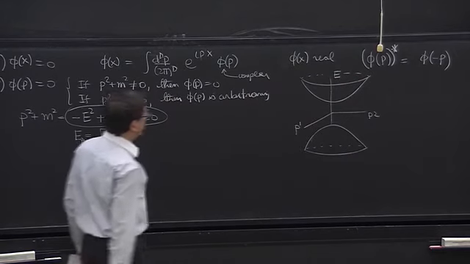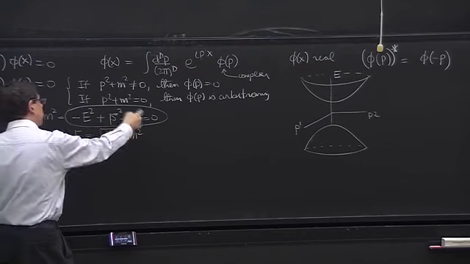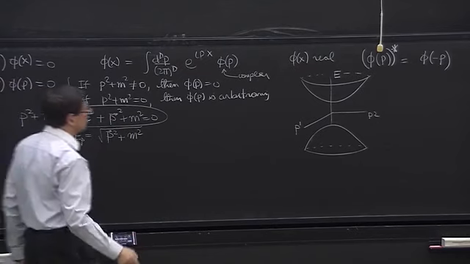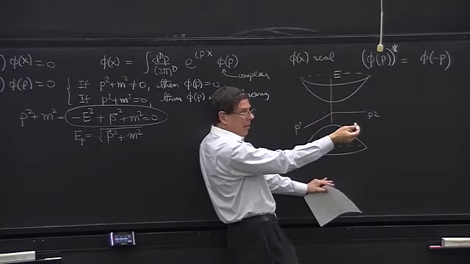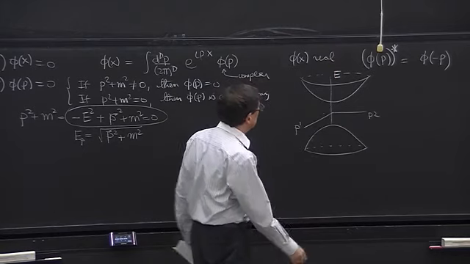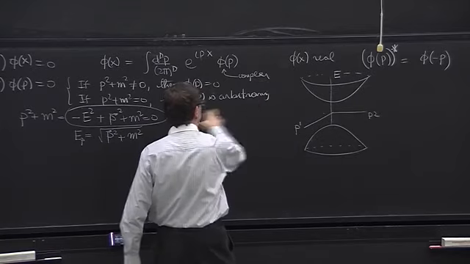So if you fix some spatial momenta, you take the energies to be plus or minus E_p. For some spatial momenta that you fix on this horizontal plane, you get an energy and a minus E_p, two solutions. So this surface is here.